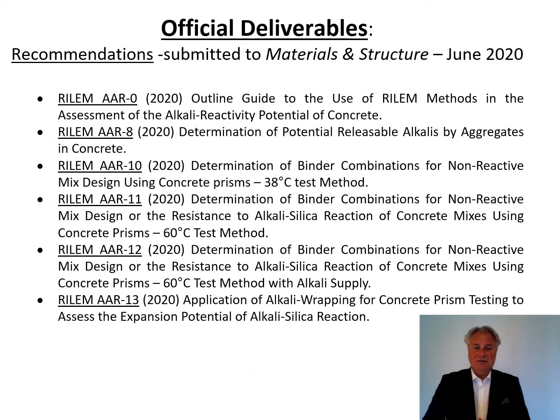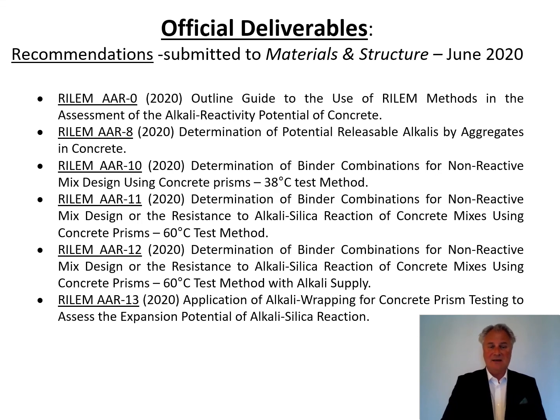So what have we delivered? Well, I have been presenting these recommendations. We have this RILEM AAR note, which is the outline guide to use the RILEM methods. We have made an updated version of that document. And then we have the test methods. We have the RILEM AAR-8, which is the determination of potential releasable alkalis. We have this new concrete prism test, AAR-10, with a larger prism size.